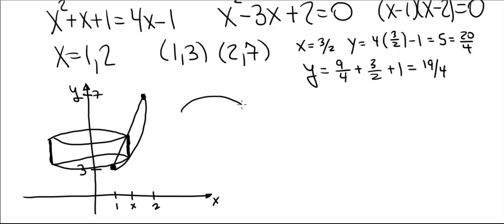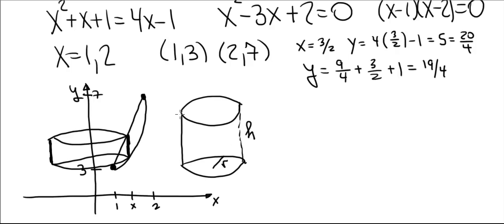So let's recall that when we have a cylinder like this, the cylindrical shell is just the lateral surface area. That's the area around the cylinder without the top and the bottom. It has radius r and height h. If we cut the cylinder along the height, say here, and then unfold it, it becomes a rectangle.